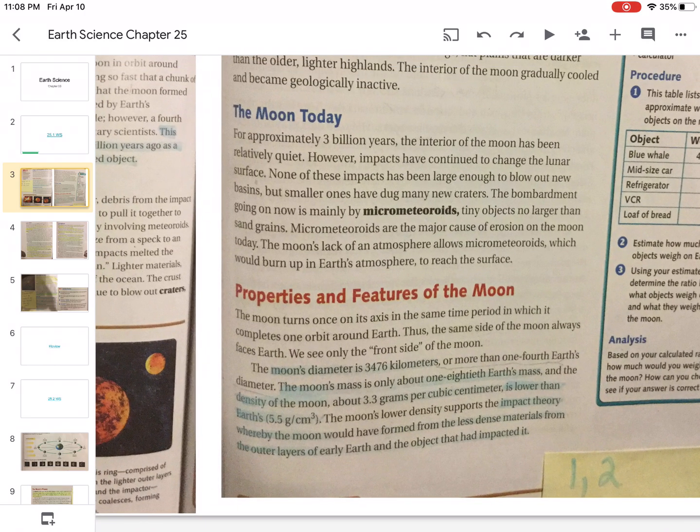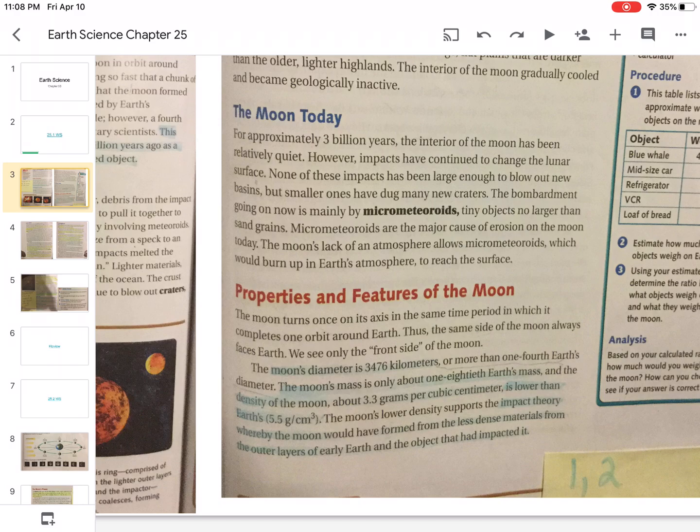Properties and features of the moon. The moon's diameter is 3,476 kilometers, or more than 1/4 Earth's diameter. The moon's mass is only about 1/8 Earth's mass, and the density of the moon, about 3.3 grams per cubic centimeter, is lower than Earth's.